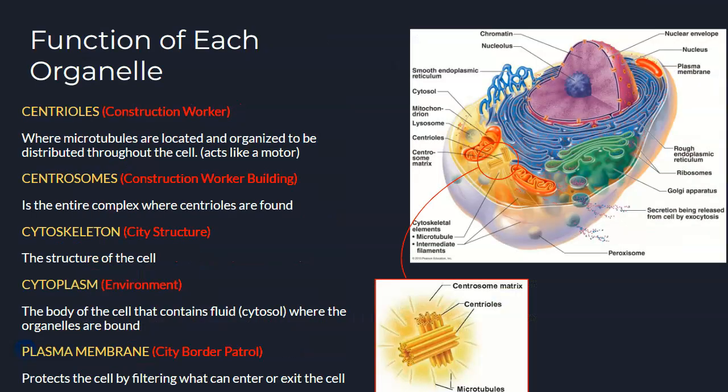So one of the last slides we have before our quiz is the function of each organelle regarding the centriole, centrosome, cytoskeleton, and cytoplasm, and then the outer border known as the plasma membrane.